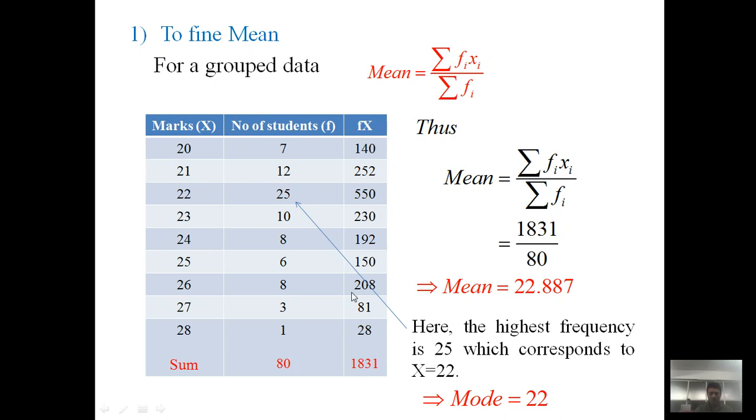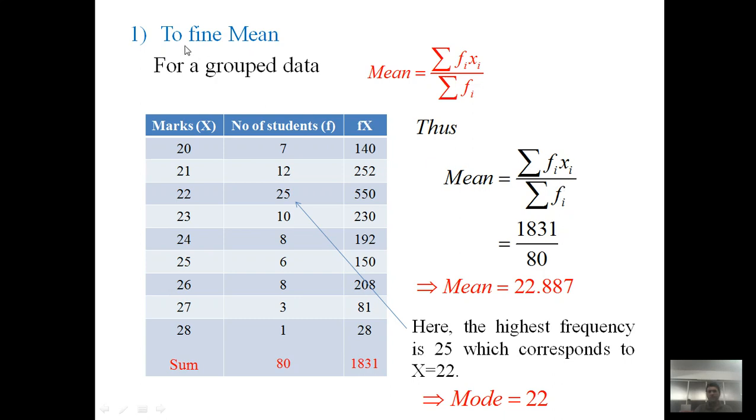But the numerator is the sum of frequency into observation. So we have to find the sum of this last column, that is 140 plus 252 plus 550 and so on plus 28. So it leads to 1831. So the numerator, the sum of fixi, is nothing but 1831. The denominator is the sum of fi.